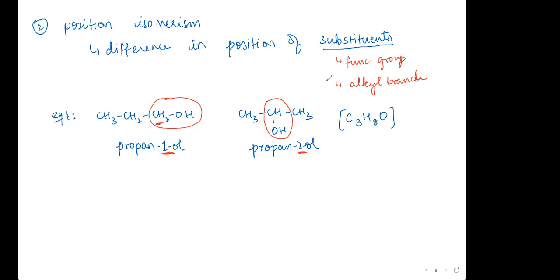So this is an example where the position of the functional group itself is changing. It doesn't have to be just the functional group. It can be something like this also.